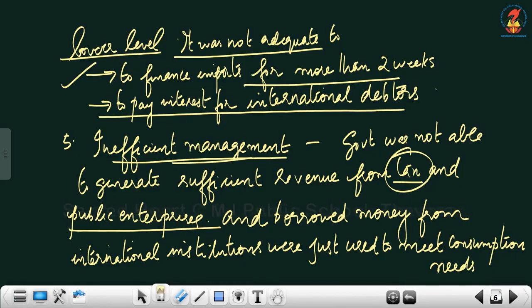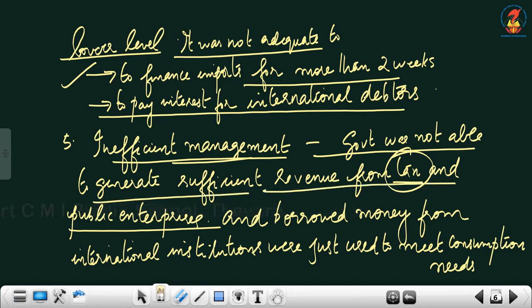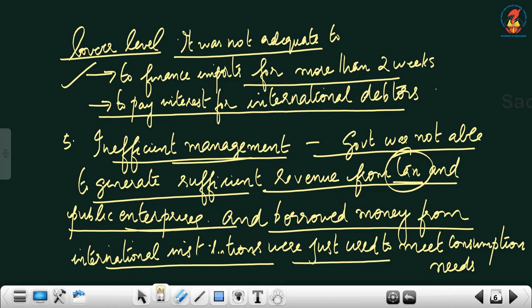Therefore, through inefficient management, the government was not able to generate sufficient revenue from tax and public enterprises. Therefore, in order to meet the expenditure, the government had to borrow money from international institutions, and the money which was borrowed from the international institutions was later on used just to meet the consumption needs.